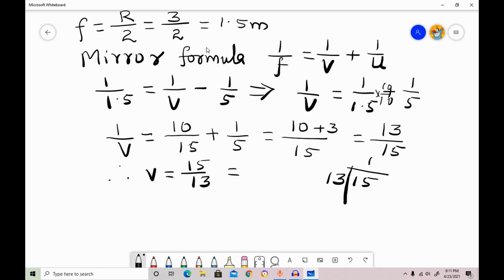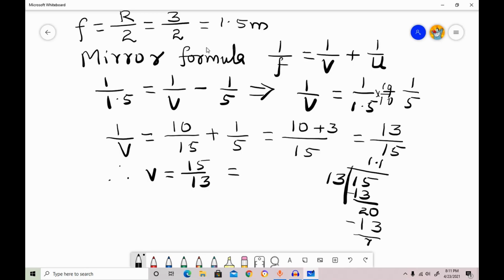13 ones are 13. So 15 minus 13, you will get 2, becomes 20. Put the decimal point. Again 13 ones are 13.